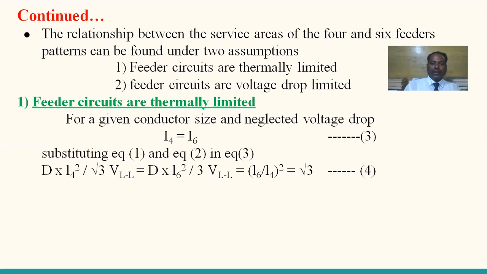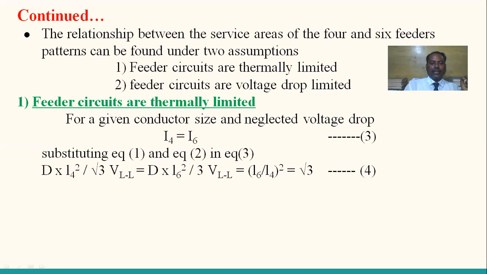Are you getting my point, all of you? Equating these two and simplifying, the D will be cancelled. L6 by L4 whole square is equal to root 3. This is the equation you get after simplifying.